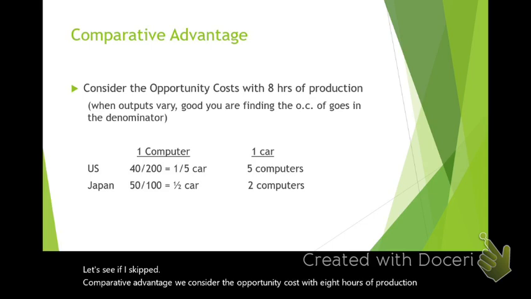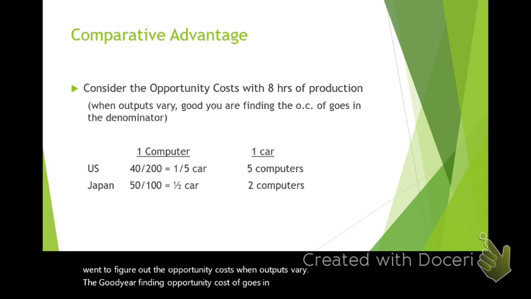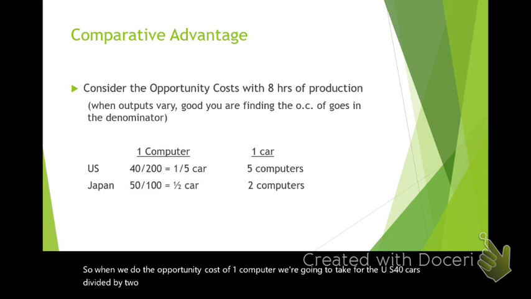So to figure out the opportunity cost, when outputs vary, the good you're finding the opportunity cost of goes in the denominator. So when we do the opportunity cost of one computer, we're going to take, for the U.S., 40 cars divided by 200 computers. Computers is what we divide by to find its opportunity cost when outputs vary. So 40 divided by 200 is 1/5 of a car.